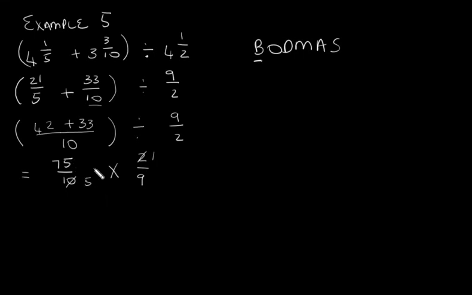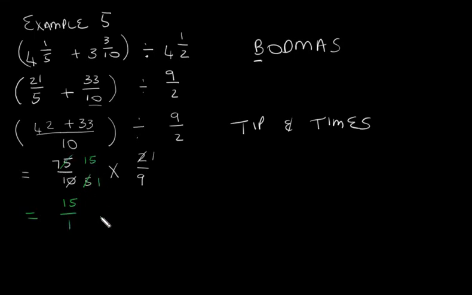But is there anything that simplifies across that way and anything that simplifies down? Let's have a look. Now 5 divides into itself once, and 5 divides into 75 15 times. So what are we left with? We are left with 15 over 1.